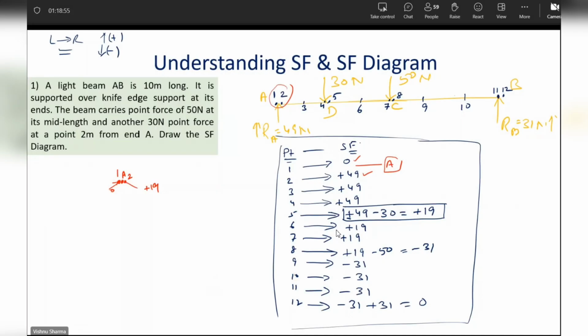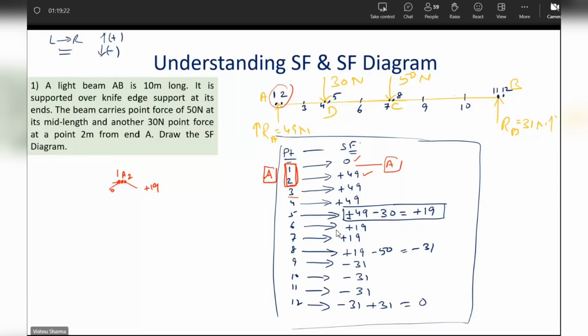That is only A. So these 2 points together represent what is happening at A actually. Have you understood what I am trying to say, beta? Guys, have you understood what I'm saying? Yes, sir.